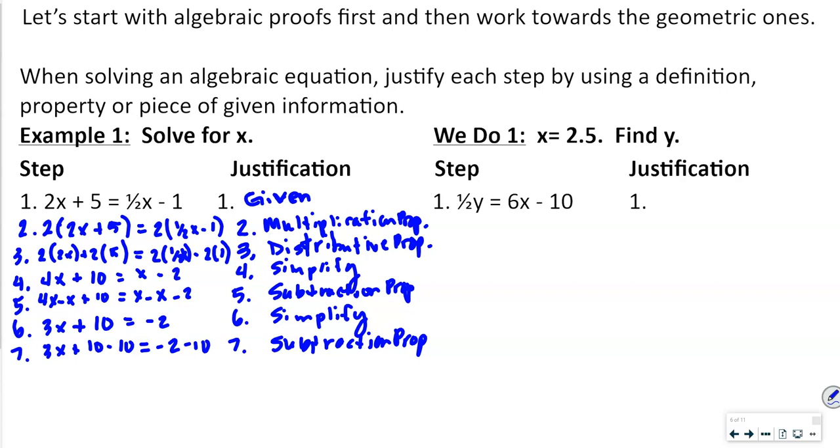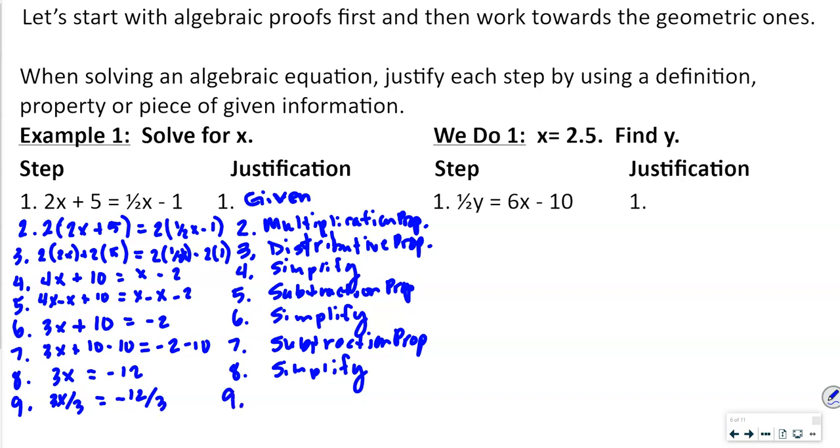So once again, what are we going to do for step 8? We're going to simplify, right? So this is going to be 3x equals negative 12. So that's going to be simplify. Okay. And then step 9, what are we going to do in step 9? We're going to do 3x divided by 3 equals negative 12 divided by 3.